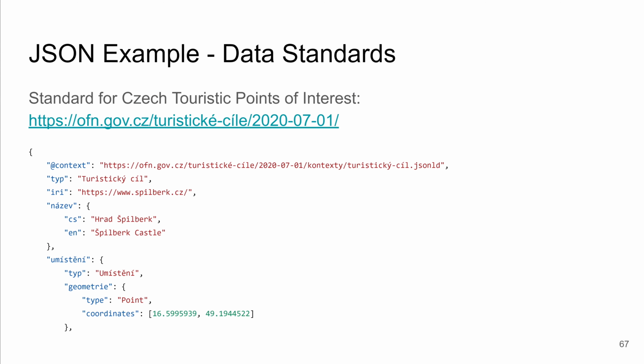So in the Czech Republic, when you publish open data, you should follow those standards for open data. And if you're interested in this and in more examples of JSON, JSON schema, and JSON-LD, you can go to this address, ofn.gov.cz. It is in Czech, and it contains some examples of where JSON, JSON-LD, and JSON schema are used together.